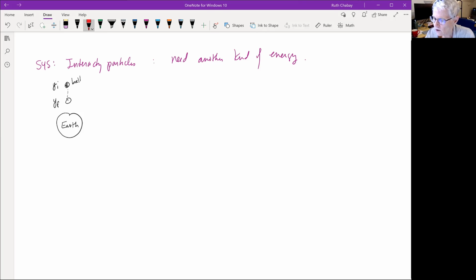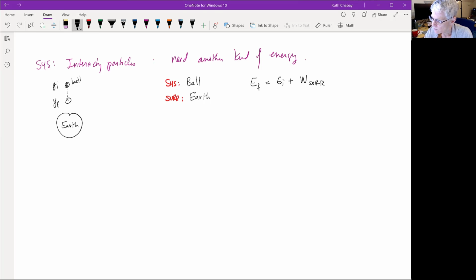So we know how to analyze this system. We can take this system just to be the ball, and then the surroundings are the Earth. And we don't have a problem, right? Because we can write E final is E initial plus work done by the surroundings.